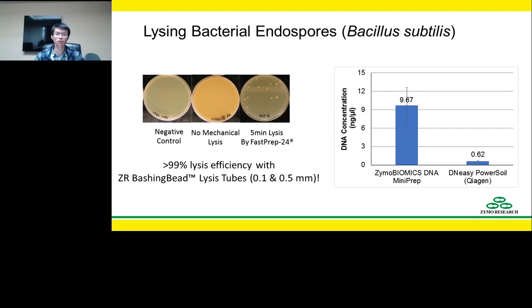This bead tube is used as part of the ZymoBIOMICS DNA Miniprep. The suspension of Bacillus subtilis endospores was split into two, one with mechanical lysis and the other without. The lysis was performed for 5 minutes on the MP FastPrep-24. Through this experiment, we found that more than 99% of the spores were lysed.